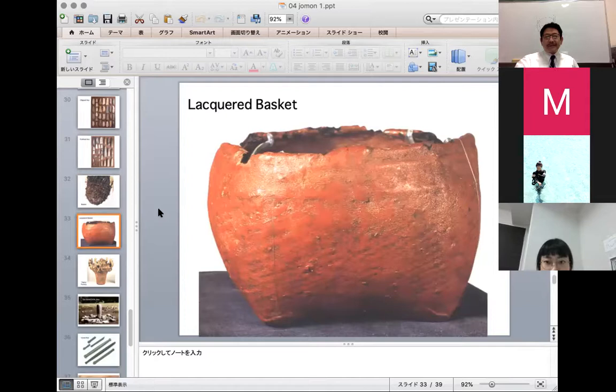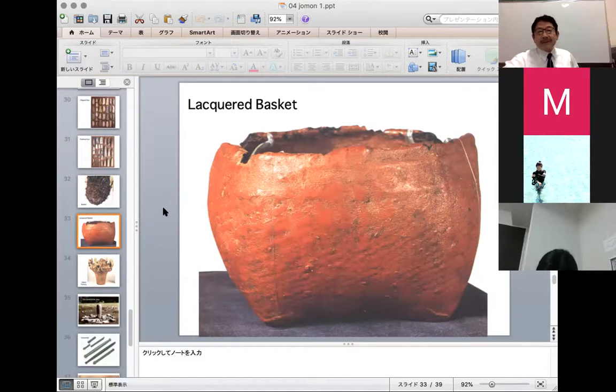Almost all the processes are the same as from the Jomon period. So that also reflects their spare time and energy and their attitude to develop their culture aggressively.